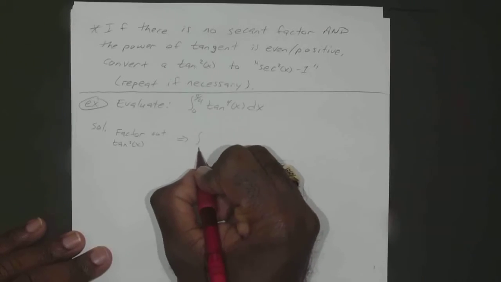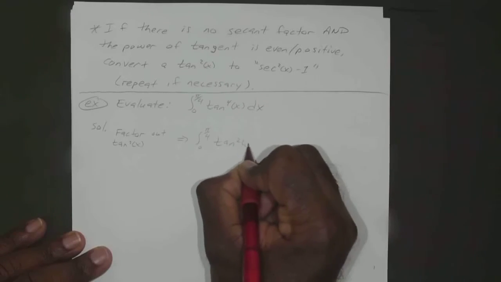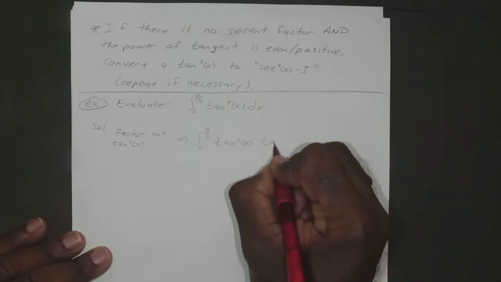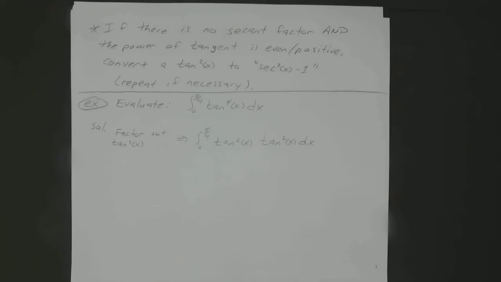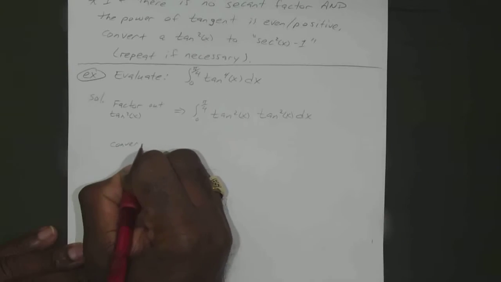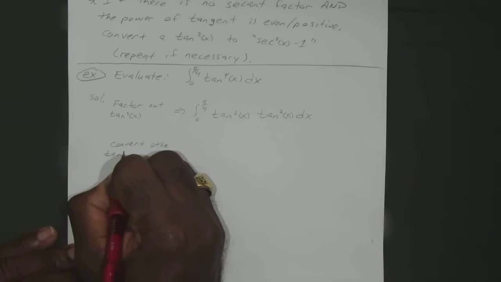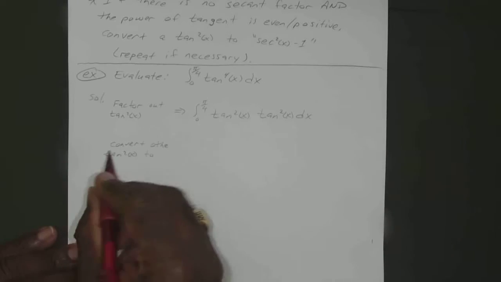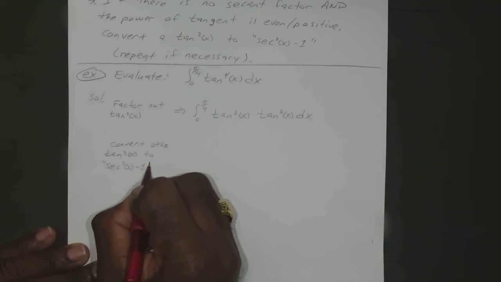Okay, so that gives us from 0 to pi over 4 tangent square of x times tangent square of x with respect to x. Okay, so you're going to convert the other tangent square of x to secant squared of x minus 1.